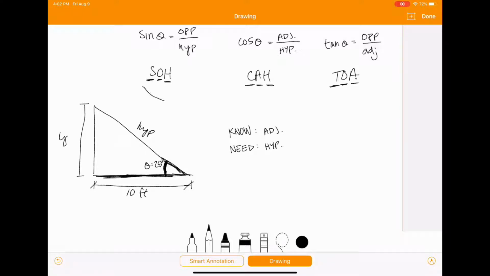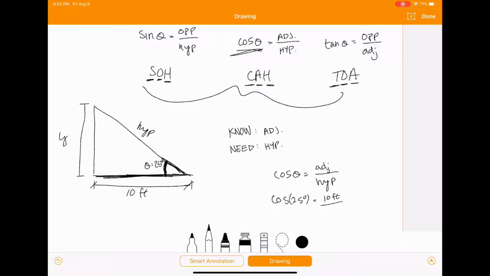So which one of these up here has both the adjacent and the hypotenuse within it? It's going to be our cosine. So we're going to go ahead and set up that equation. So cosine of theta equals adjacent over hypotenuse. And so cosine, we know our theta is 25 degrees. Our adjacent is 10 feet, and we don't know our hypotenuse.